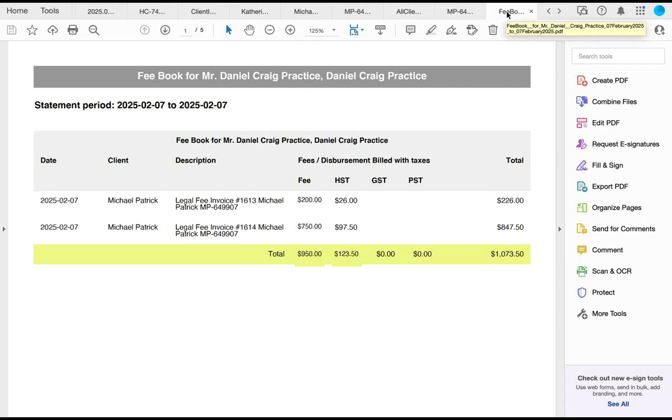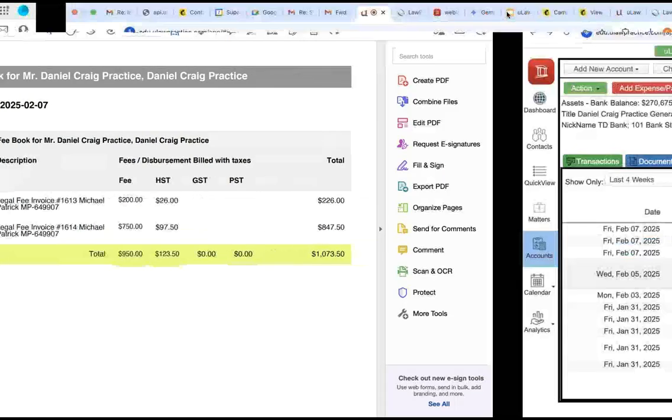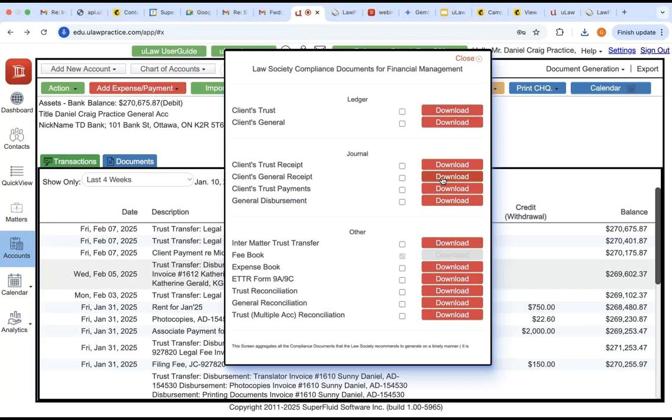and the total. Of course, there's the invoice number, which is one of the most important things when it comes to the fee book. So you can cross-verify the invoices that were raised and move the money from trust to the general, if it has to be, of course. And how else can you see that the money was moved or not? Like I said, in the journals, we have 4 different types of journals.